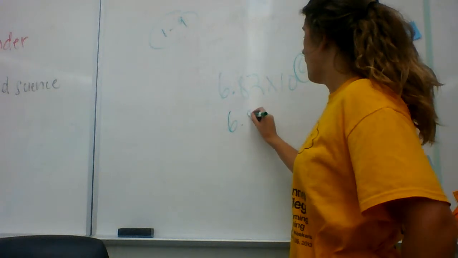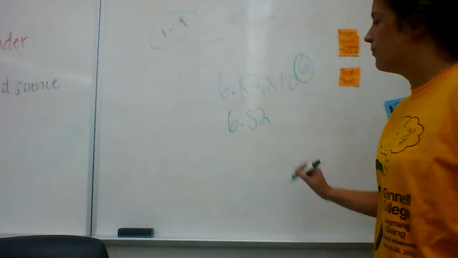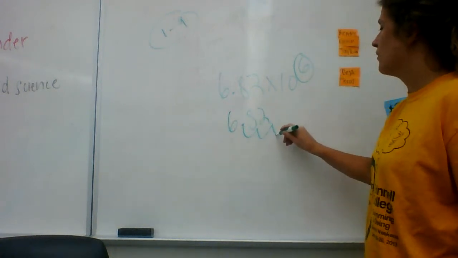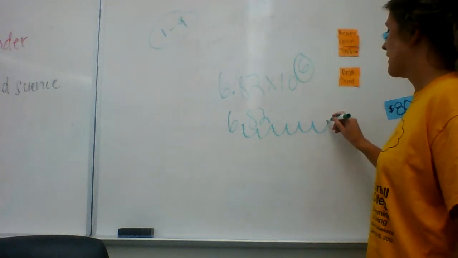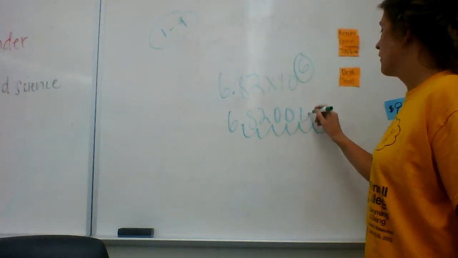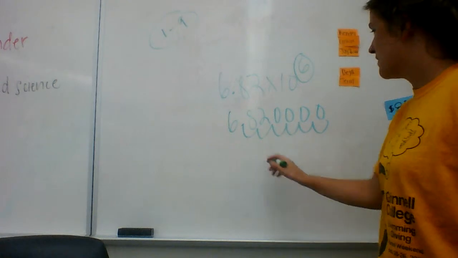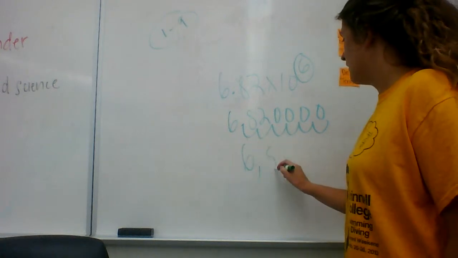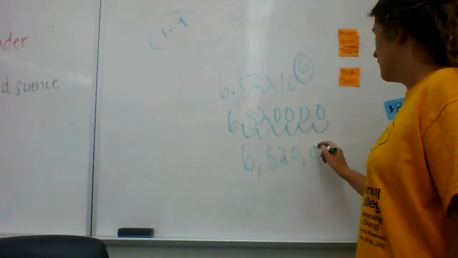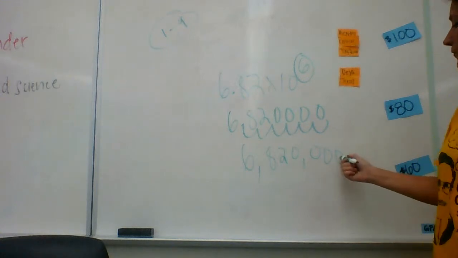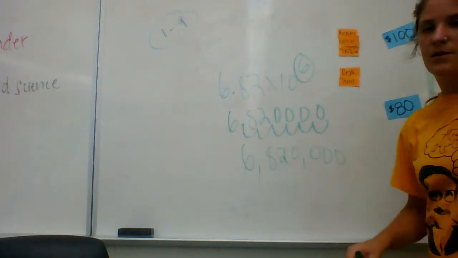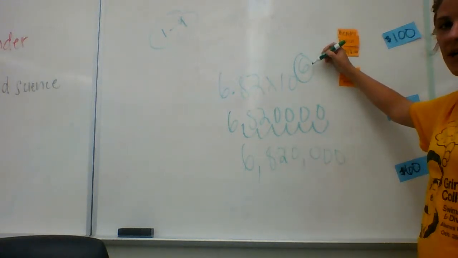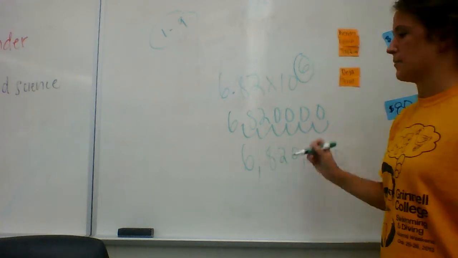So I'm going to rewrite this, and I will move my decimal point 1, 2, 3, 4, 5, 6 times. My final answer is 6,820,000. This time I only have 1, 2, 3, 4 zeros. Again, this doesn't tell me how many zeros I have, but how many times I'll move my decimal point.